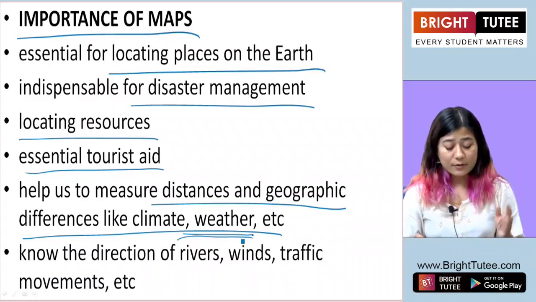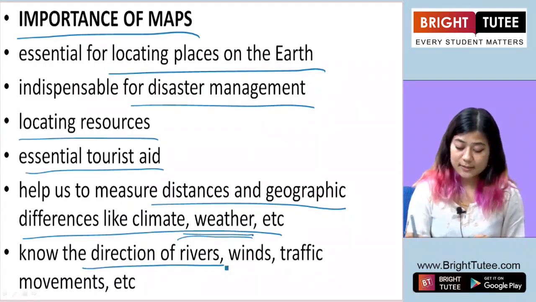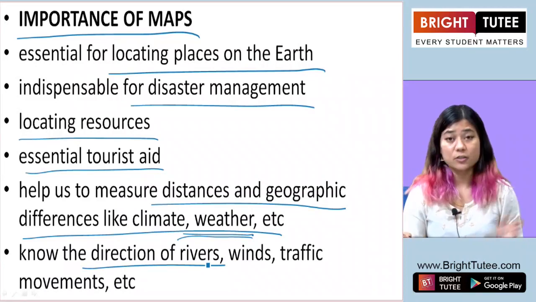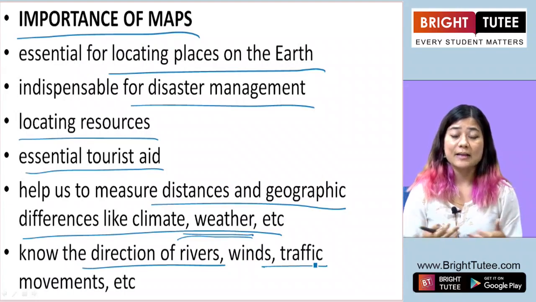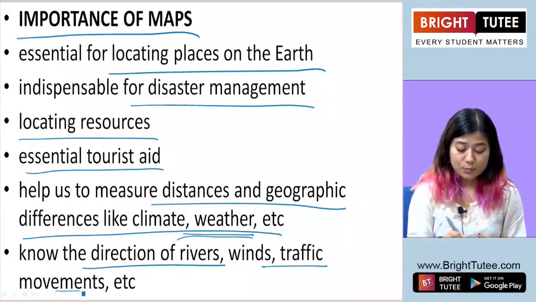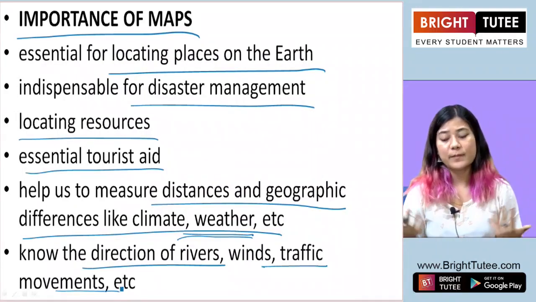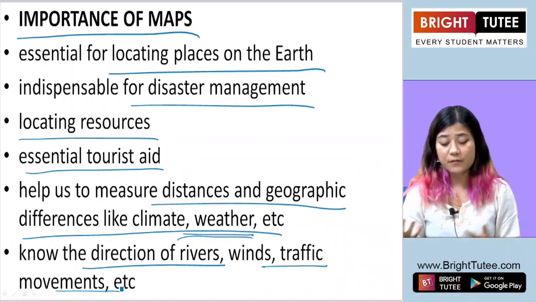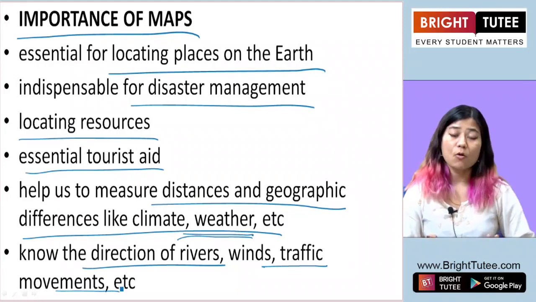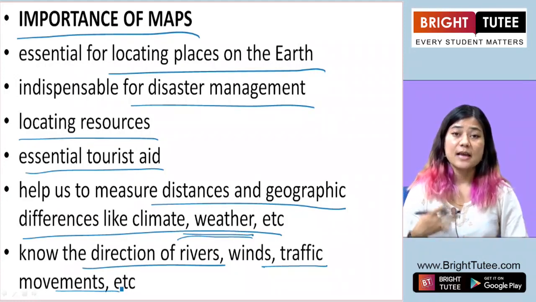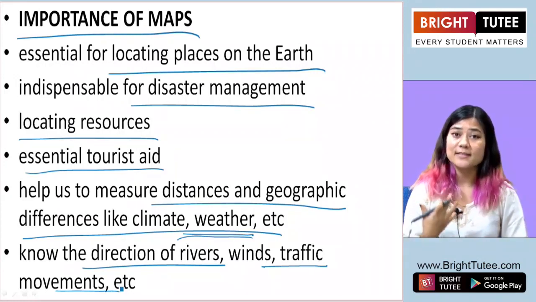They also help us understand the direction of rivers, wind, traffic, air traffic, land traffic, sea traffic, and the movements of people. This is all information that the map provides us.